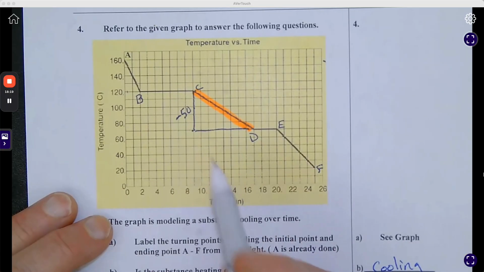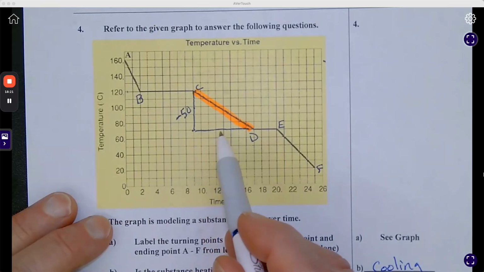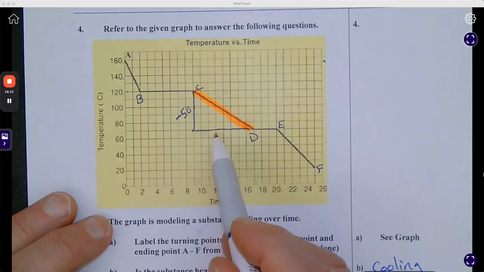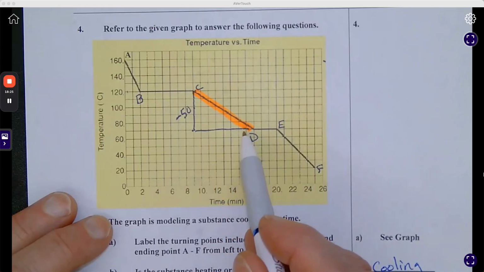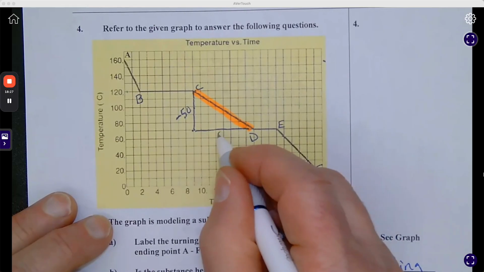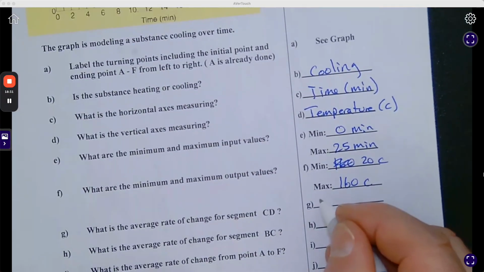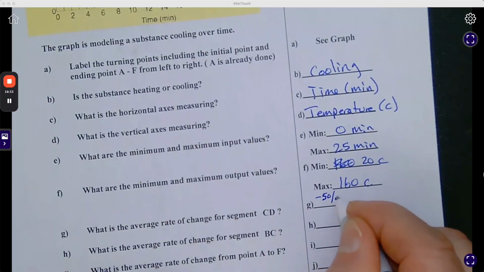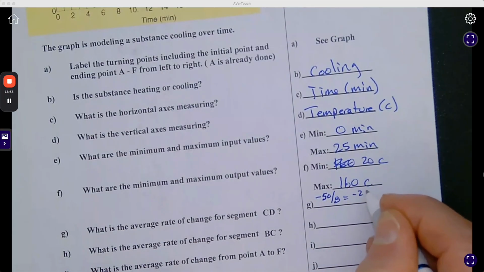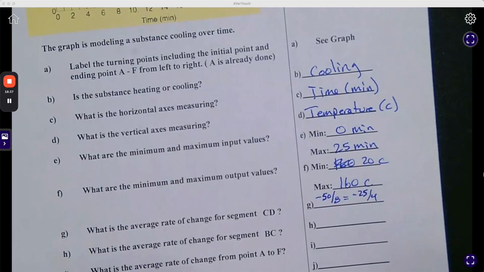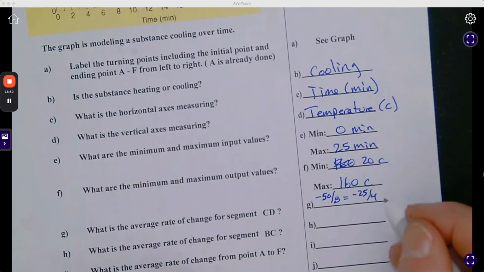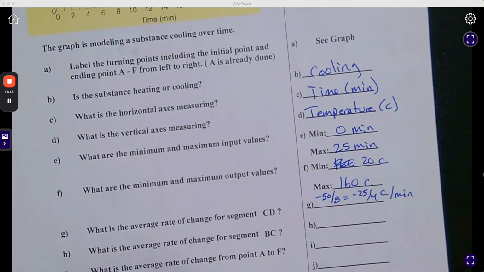This is measuring in ones. 1, 2, 3. Whoa, I better start over. 1, 2, 3, 4, 5, 6, 7, 8. All right? So it's negative 50 over 8. That reduces to negative 25 over 4. And notice what we're measuring. Celsius per minute. So it's decreasing by 25 over 4 Celsius per minute.